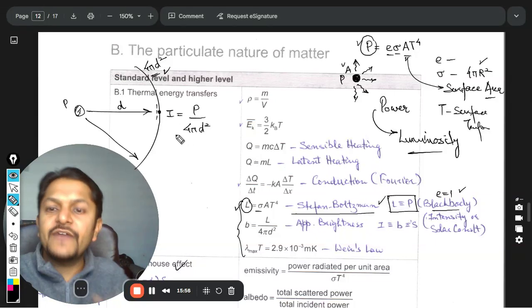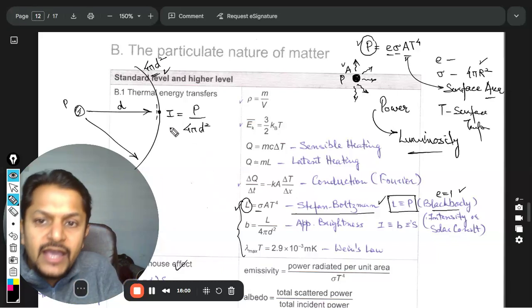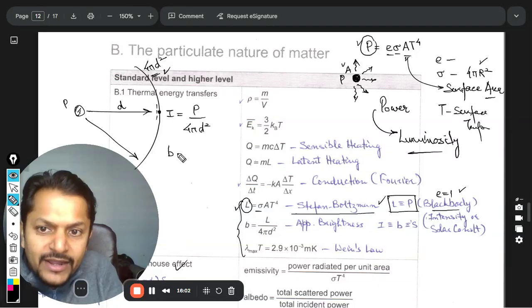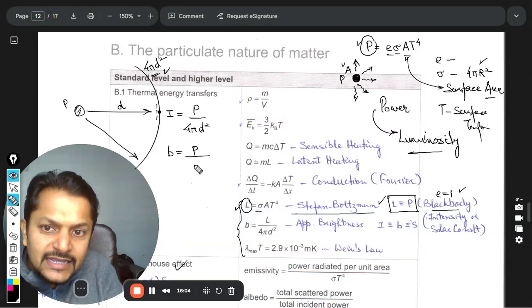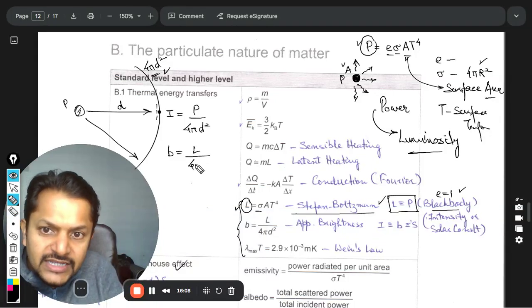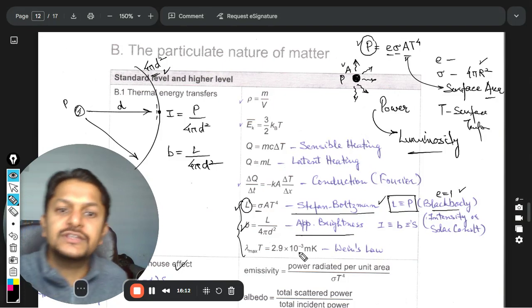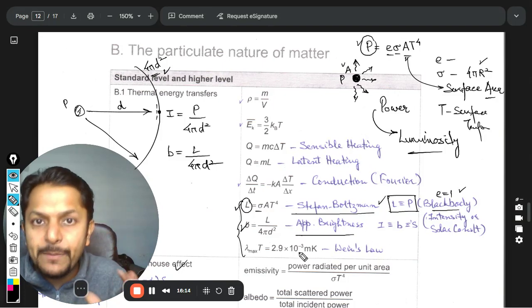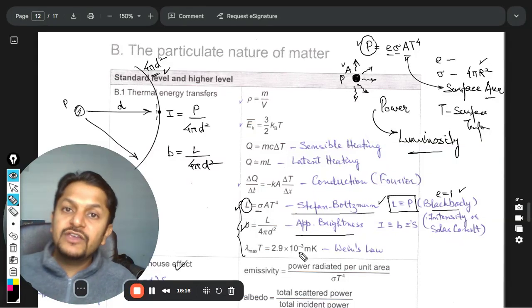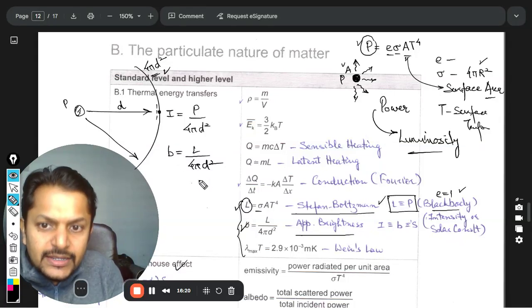In the case of astronomical bodies, we again have a new name for this, and this is known as apparent brightness. And this P will be replaced with the luminosity, and you have created another formula for yourself, which is apparent brightness. I've given the complete detailed explanation for this in the lectures. So this is the apparent brightness.